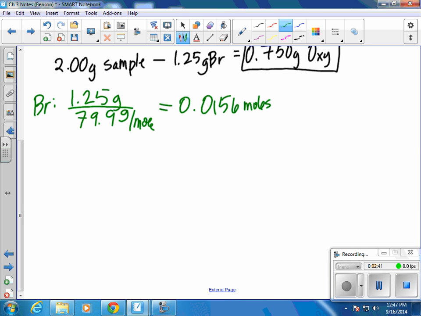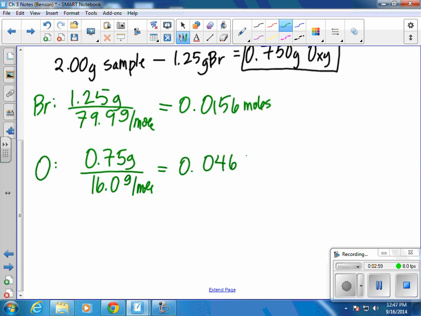Then I can go ahead and do the same thing for my oxygen. The mass of oxygen I have is 0.75 grams divided by the molar mass of oxygen, which is 16.0 grams per mole. Grams cancel out, and again I'm left with moles. And so my answer there is 0.0469 moles.